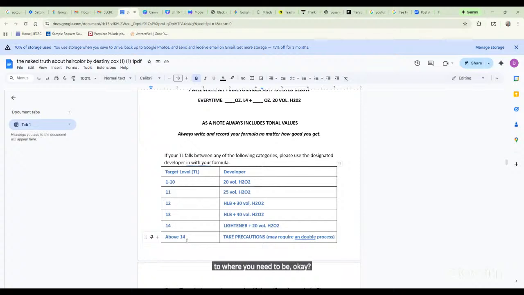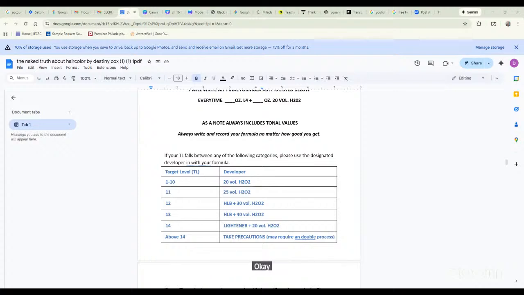But you may have to do something called a double process. So that is a lift and tone. Your lightener is going to bring you up, but you will need to tone. You're going to still have that orangey look.